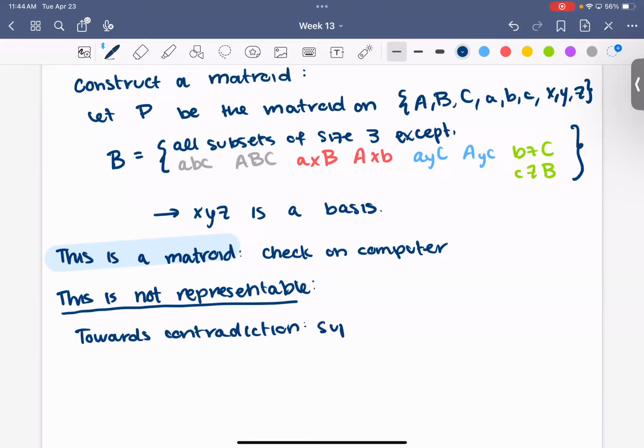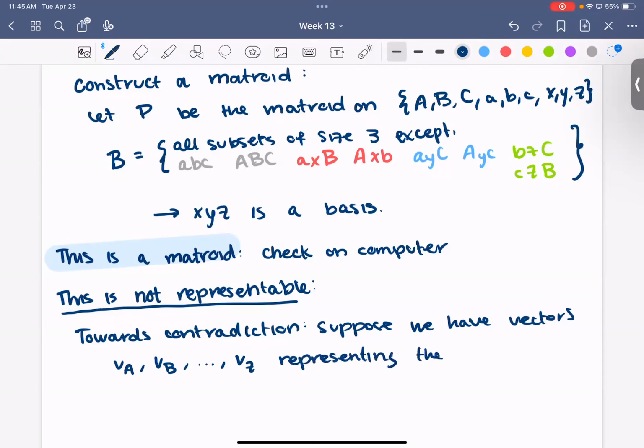So suppose we have vectors v sub a, v sub b, and so on up to v sub z, representing the matroid P.